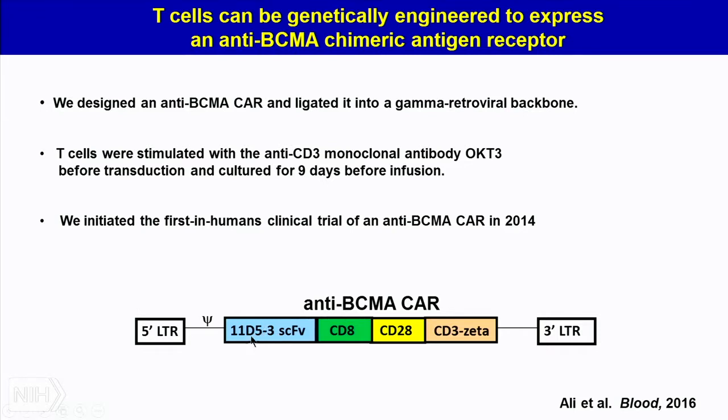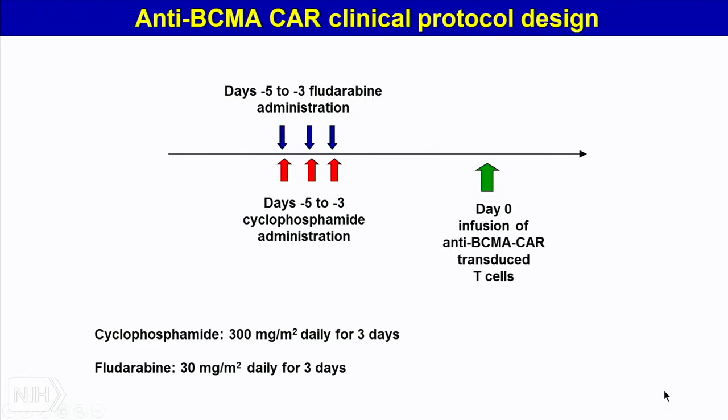That's the monoclonal antibody that this domain came from. CD8 hinge and transmembrane domain, CD28 co-stimulatory domain, and CD3 zeta T cell activation domain. This is all in a gamma retroviral vector. This work was published in Ali et al., Blood 2016. Again, you can see the very similar setup. We follow the same pattern: fludarabine and cyclophosphamide conditioning regimen, then a CAR T cell infusion.